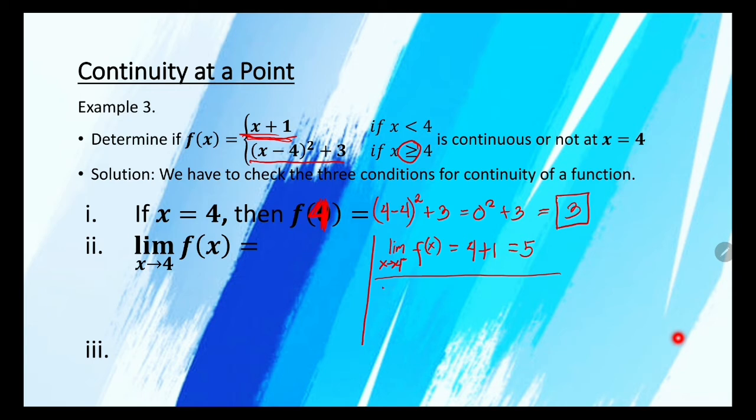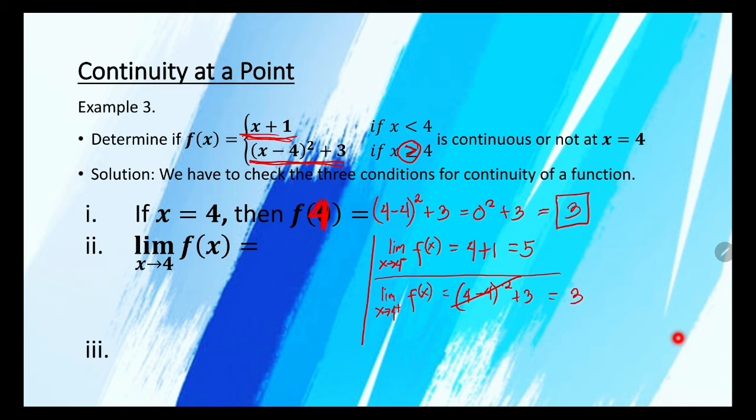The limit of f of x as x approaches 4 from the right, or 4 positive. For 4 from the right, that is greater than 4, so we use this one: 4 minus 4 squared plus 3. We already know that 4 minus 4 is 0. So the answer is 3.